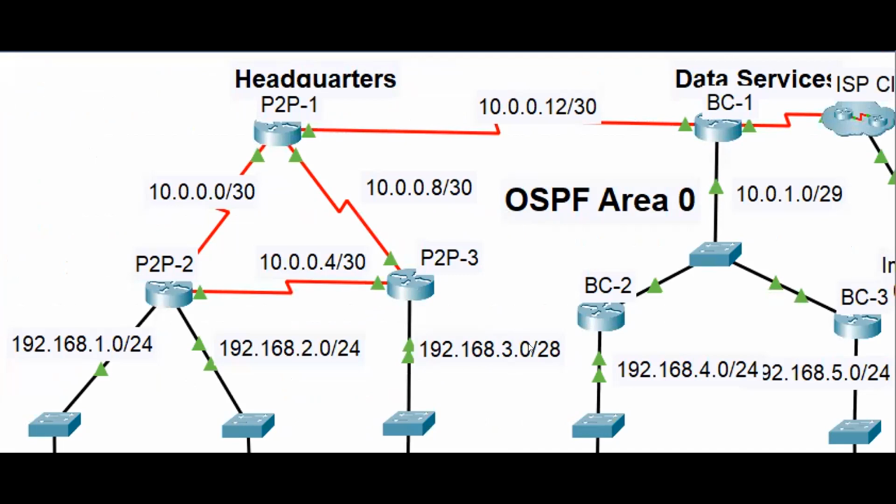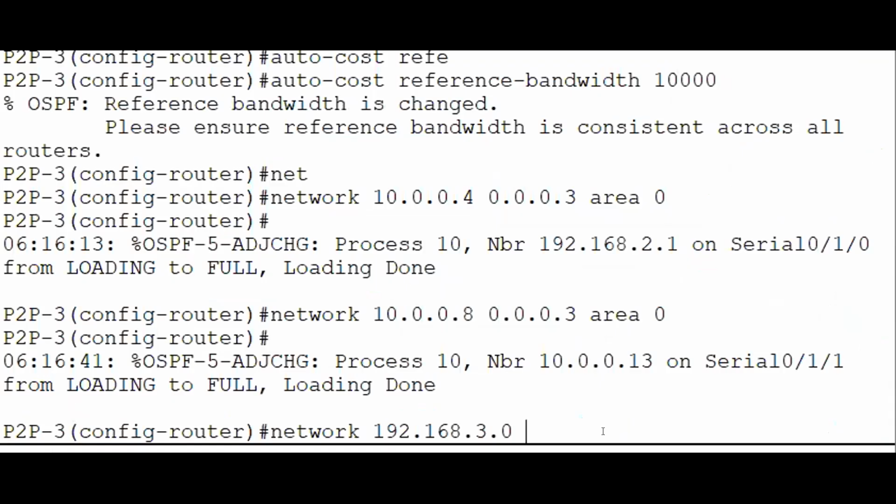If I'm not mistaken, 240 or 248. No, okay, I think 240. So the wildcard mask for this should be 0.0.0.15, area 0. Guess so, yeah.